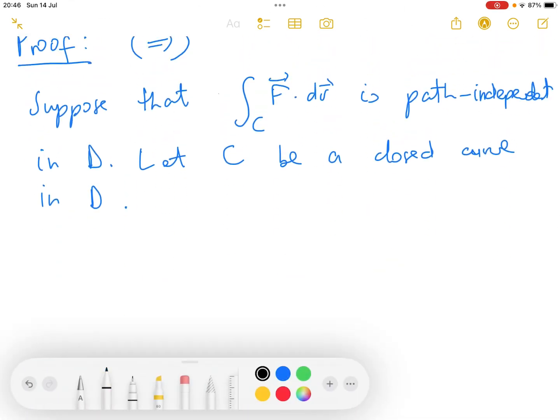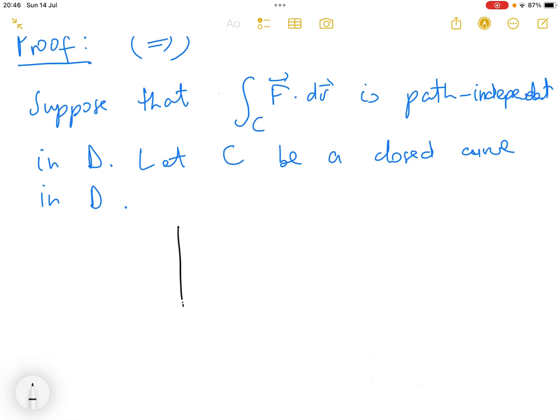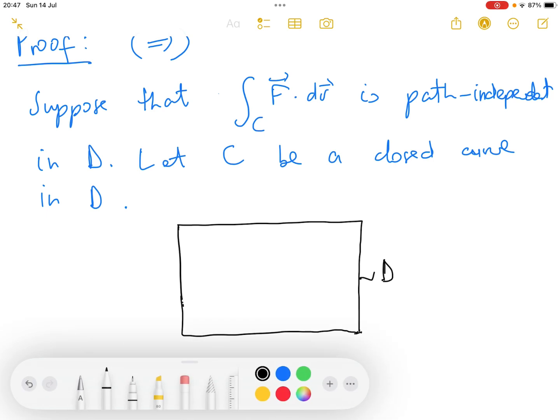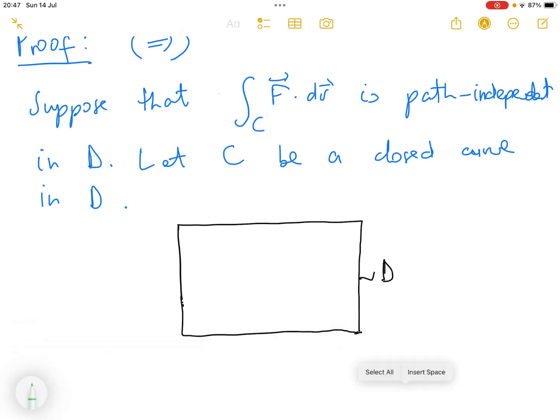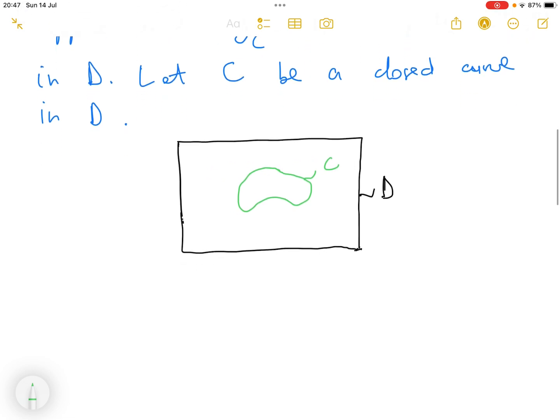Let's do a rough sketch. Let this rectangular shape be D, the domain of f. Now inside of D, we have the closed curve C. It's a smooth curve. So this is C, a closed curve.